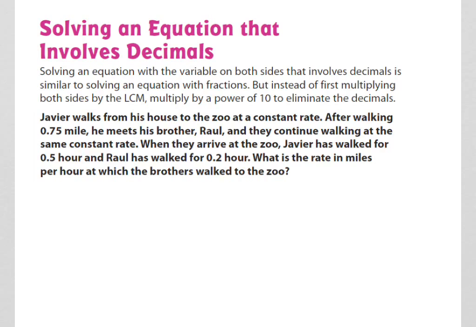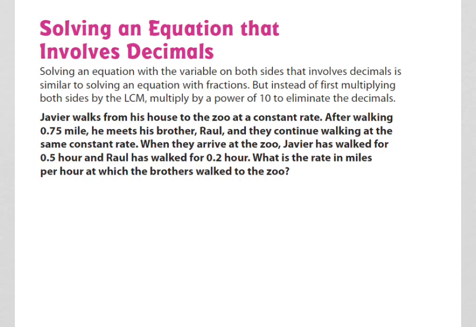When they arrive at the zoo, Javier has walked for 0.5 hour, and Raul has walked for 0.2 hours. What is the rate in miles per hour at which the brothers walked to the zoo?